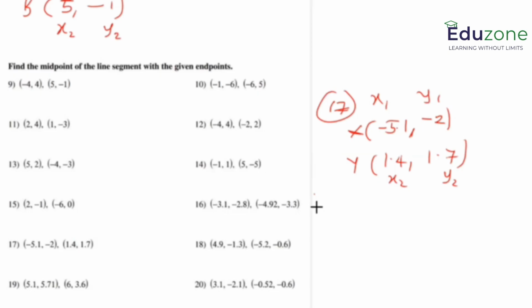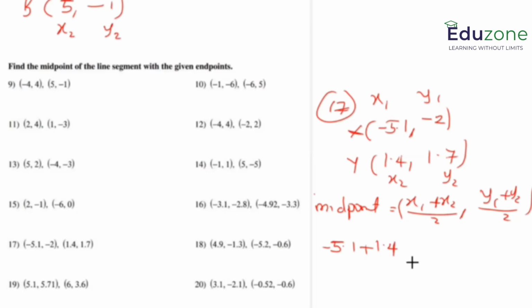So that means my midpoint will be equal to x1 plus x2 over 2, y1 plus y2 over 2. So what we are saying is x1 is minus 5.1 plus x2, 1.4, divided by 2, y1 is minus 2 plus 1.7 divided by 2.